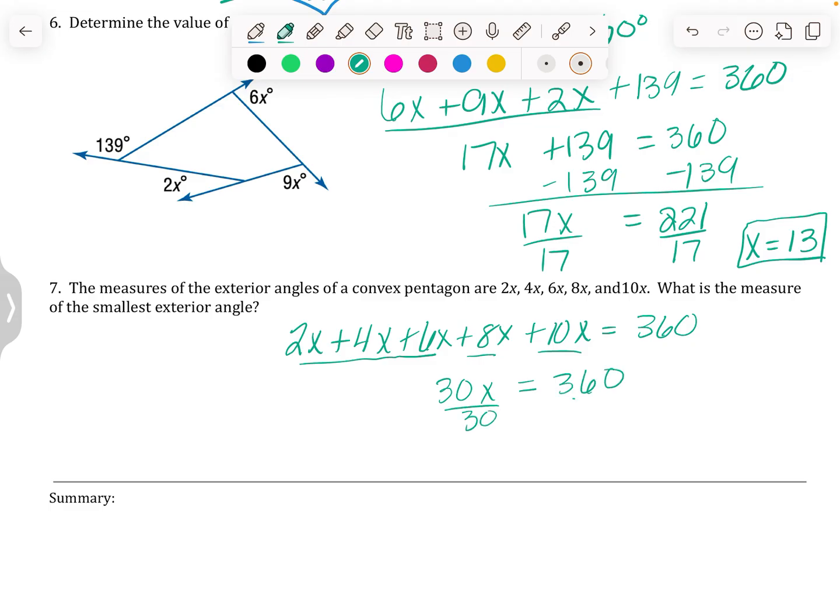Divide by 30: 30 times 10 is 300, and we need 2 more 30s, so x equals 12. Now, 2x must be our smallest exterior angle, and 2 times 12 gives us 24 degrees. You could have plugged x back in for all of them, and you would see the smallest is 24 degrees as well.